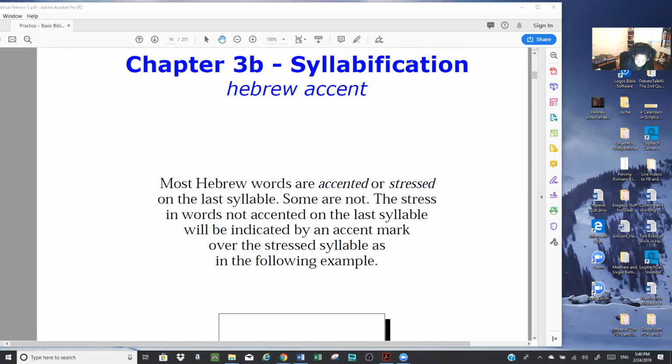You have dalet, bet, resh, dabar. So in dabar, the stress or force of pronunciation falls on the last syllable, bar.